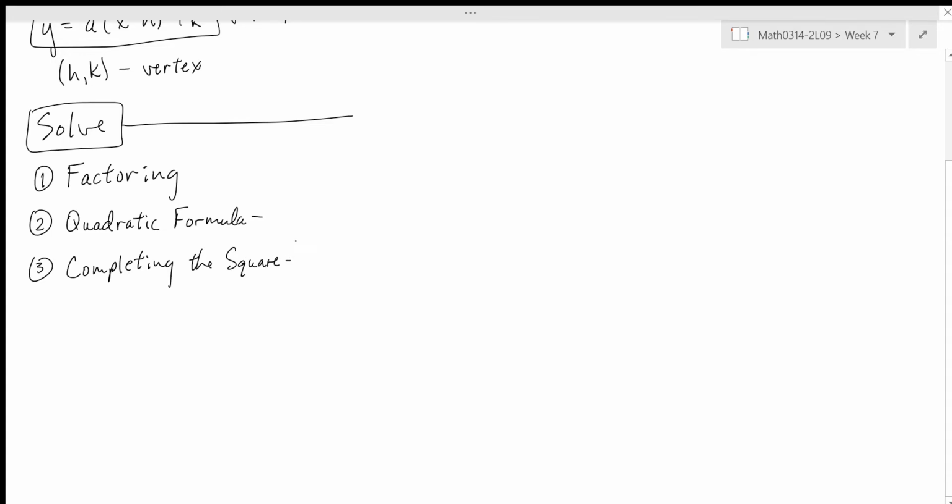We're probably not going to do that very much. It turns out that it's useful in a few things later in math, but if you have factoring, which is fast, and the quadratic formula that works every time, completing the square is just like another option. And I have to teach you, it's in the curriculum. Got it? Now, let's talk about the quadratic formula before we go on.